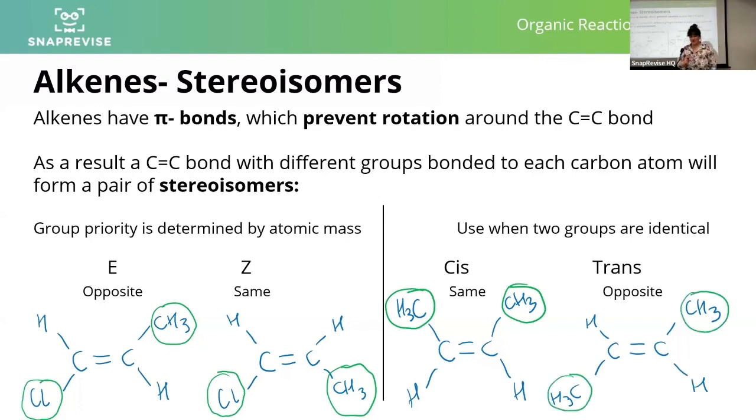The way I remember the difference between cis and trans, apart from the fact that we use those words a little bit more in common use, and they have the same name: trans meaning opposite, transcontinental, going across the pond, so they're across from one another, and cis meaning same or together.